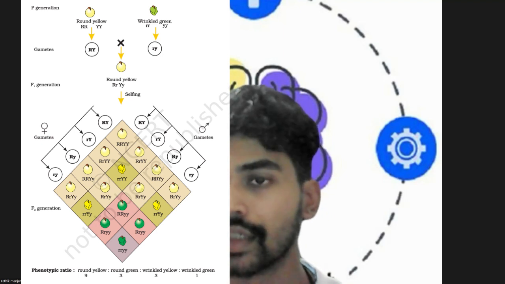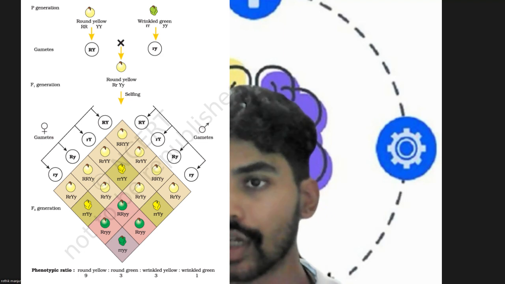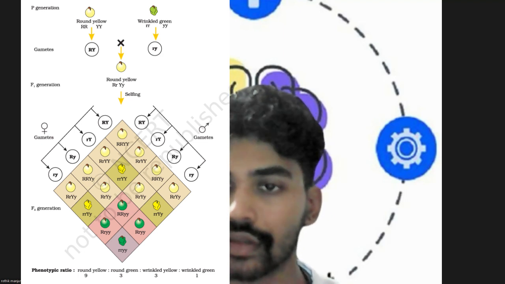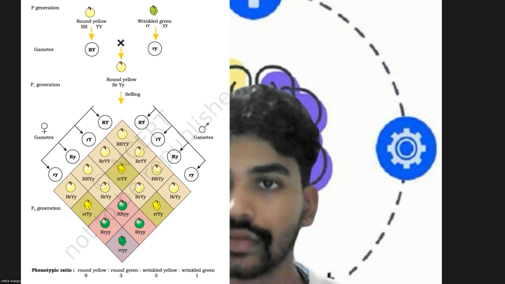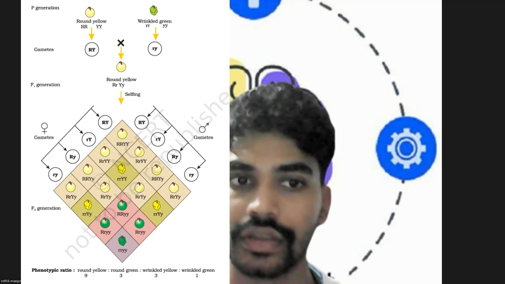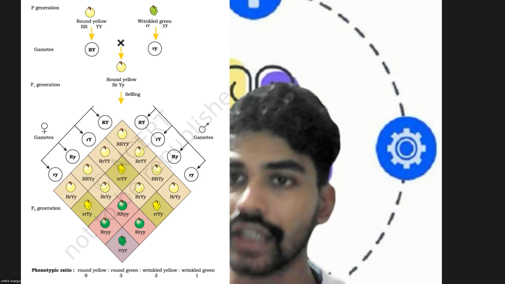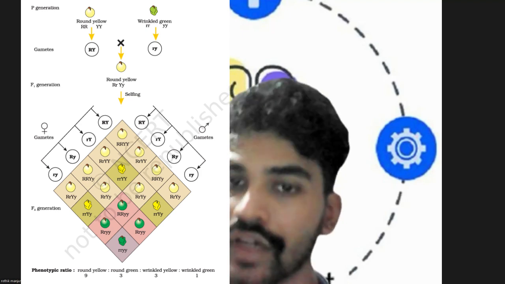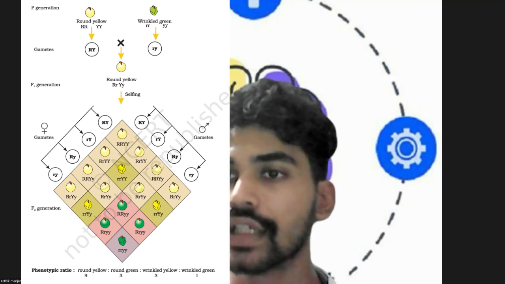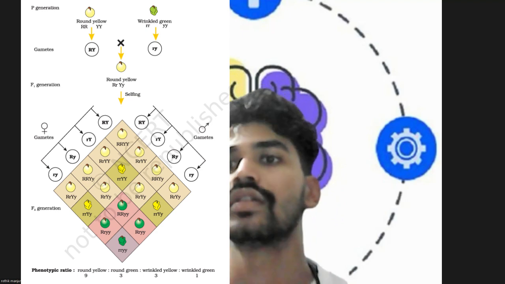Then small r, capital Y, and capital Y, small y. So what you're seeing: capital R and capital Y, then small r, capital Y, and capital R, small y, then small r and small y. Correct? Yes.